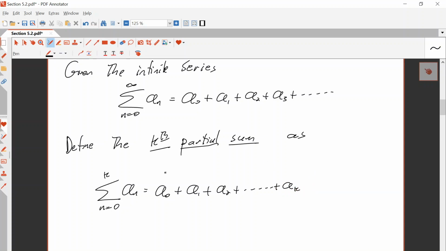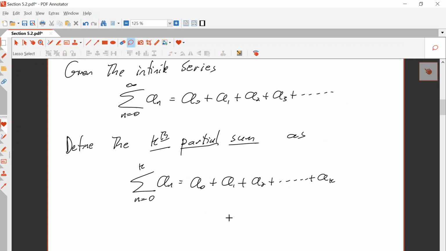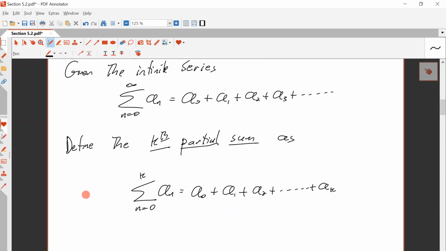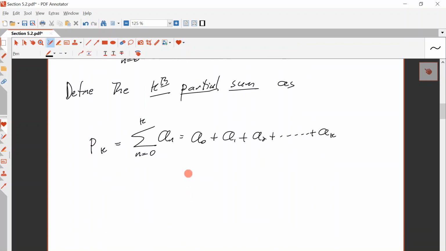It's just a finite sum of finite numbers, and we know how to deal with that. So let's give this a notation as well. We'll call this S_k, the kth partial sum. Or you can call it P_k, partial sum.